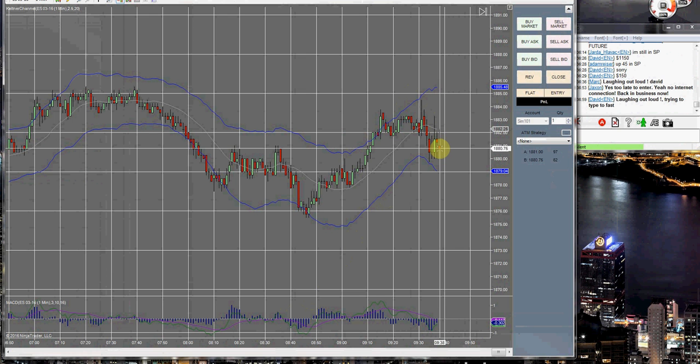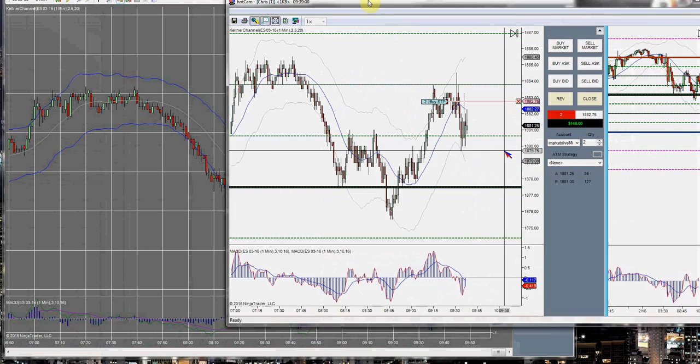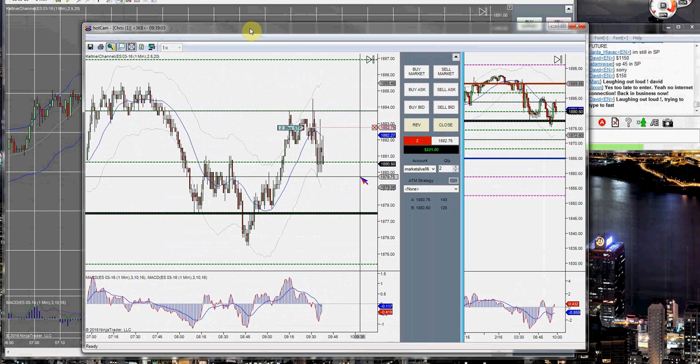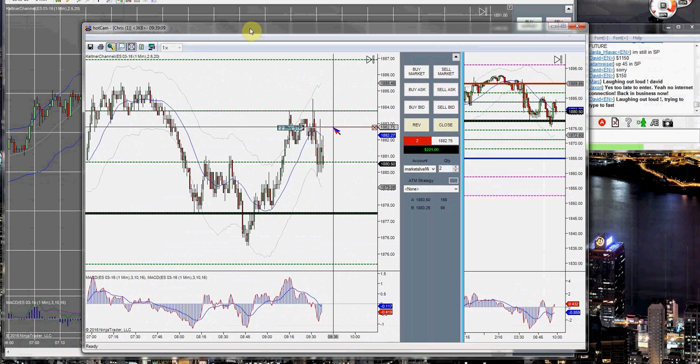So they're still in this trade. I'm going to let you guys see this here. Obviously, you guys won't have multiple brokerage platforms running, so you won't have that issue. But we'll see how this runs out for him.